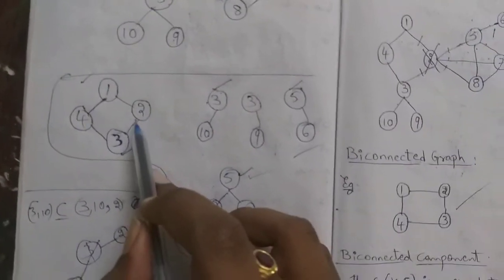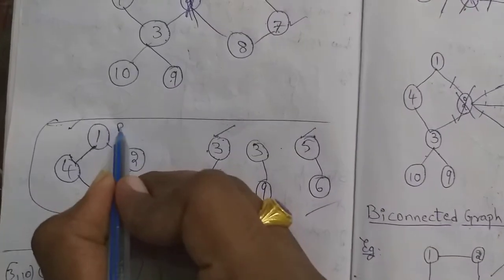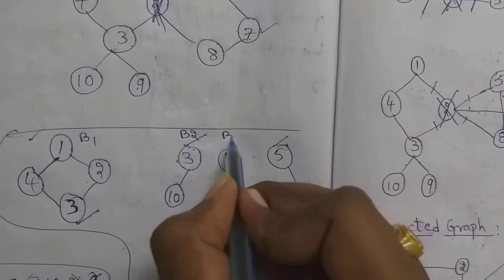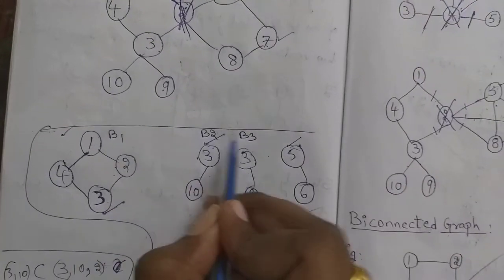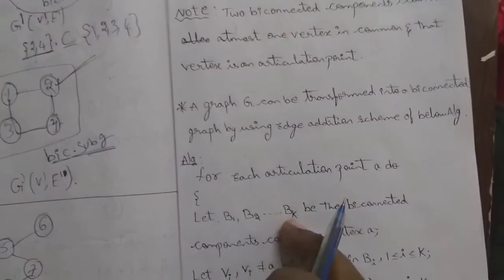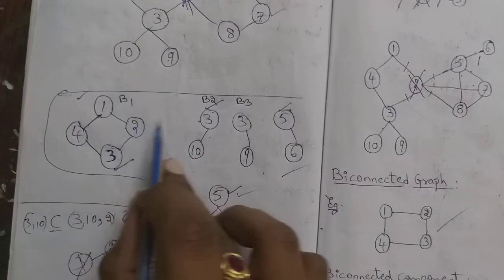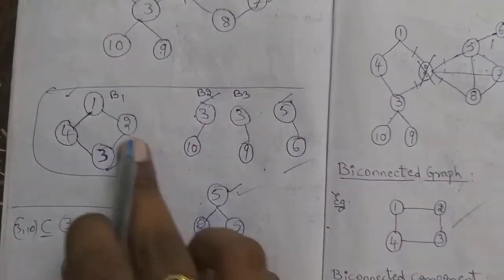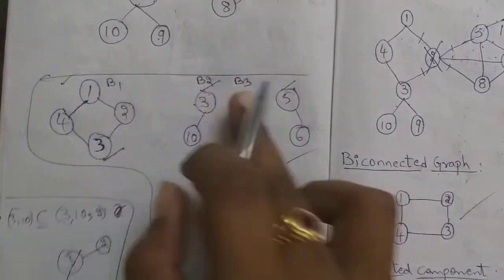For this articulation point 3, what are the biconnected components? B1, B2 and B3. B1, B2 and so on, Bk in the algorithm. Here k is 3. We have 3 biconnected components having the articulation point 3.